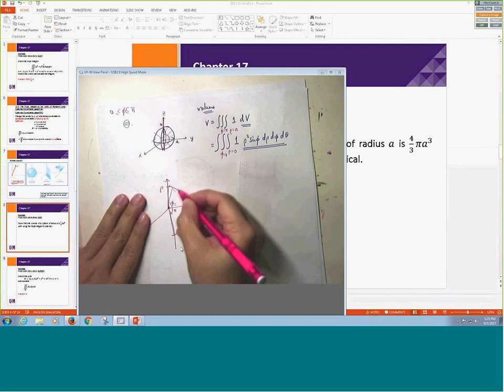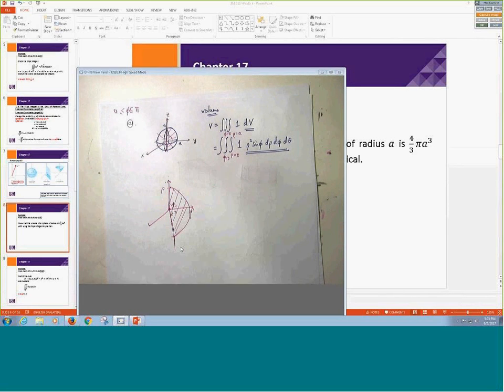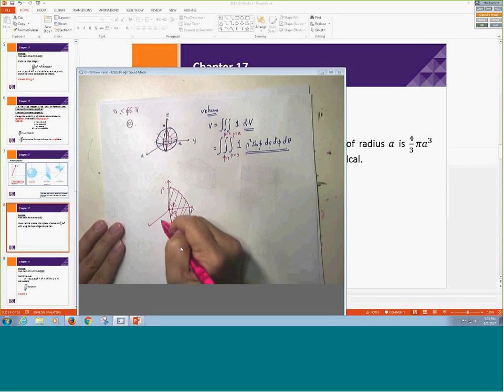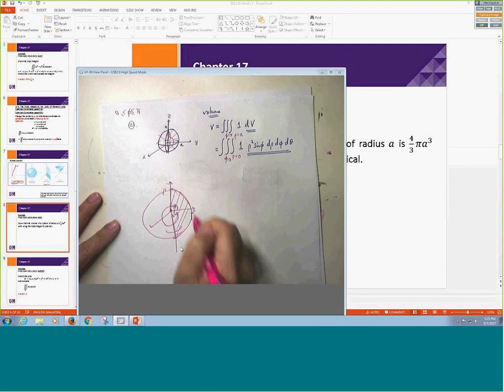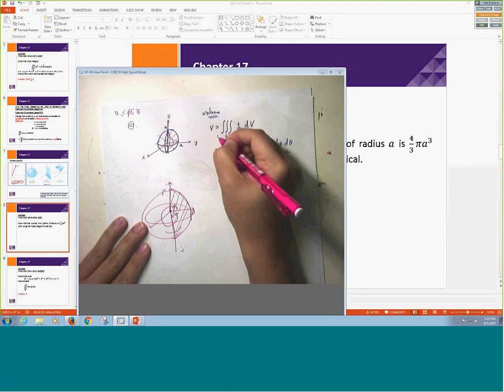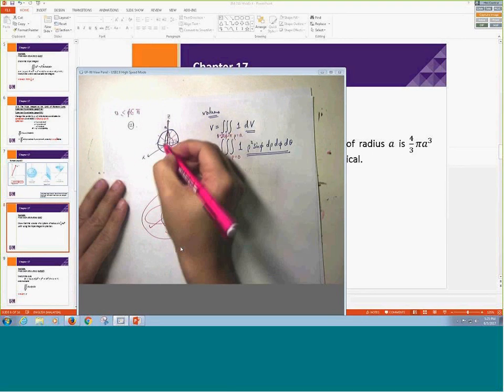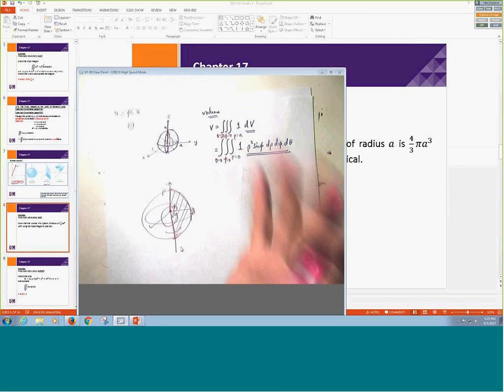And this surface, when you project, to get the whole sphere, you need to turn completely around to get the sphere. So theta is from 0 to 2 pi, because when you project, you need to cover all to get the whole sphere.